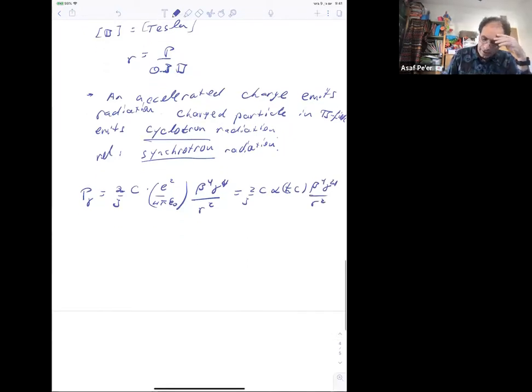If you want to put the values, this is about 3 times 10 to the minus 10 beta to the 4 gamma to the 4 divided by R squared in units of GeV times meter per second.